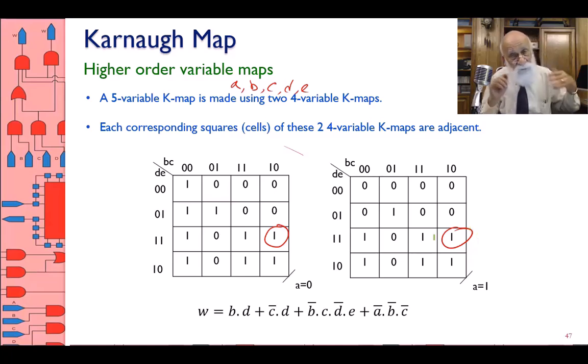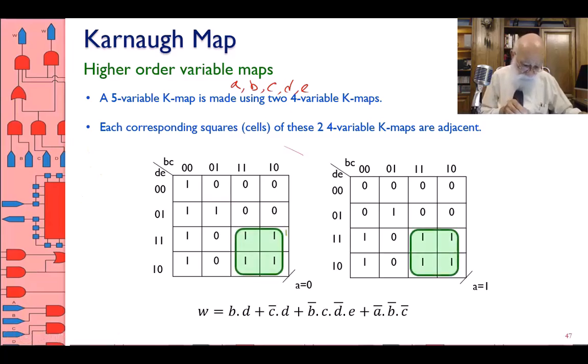do the, again, essentials, prime, and then the prime implicants and so on. So what I'm going to do is first look at these 4 on the lower right of the map of A0. And then I look in the other map, and I see these 4 are sitting exactly on top of the other 4. And therefore, these are adjacent. Okay?